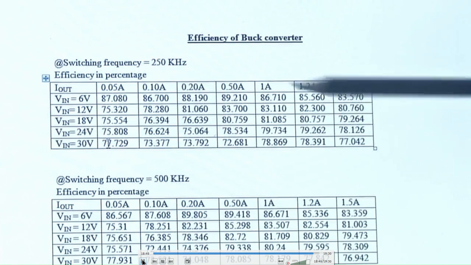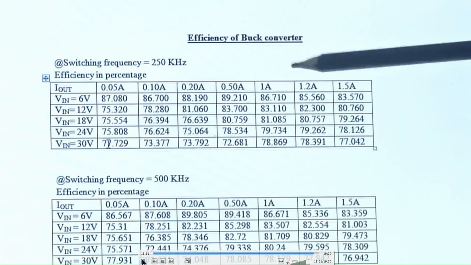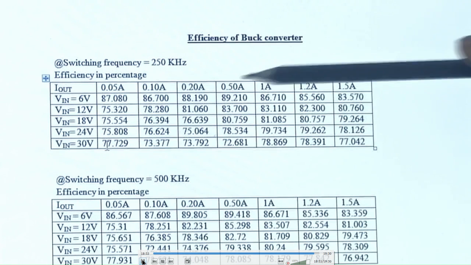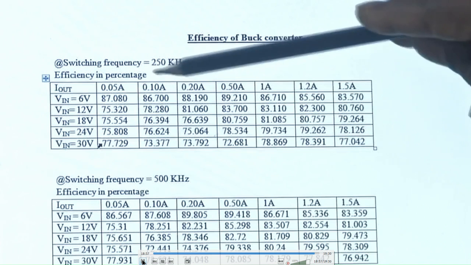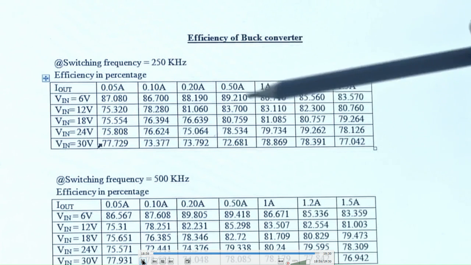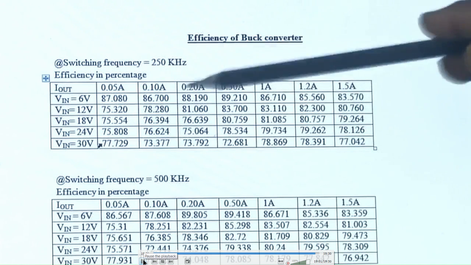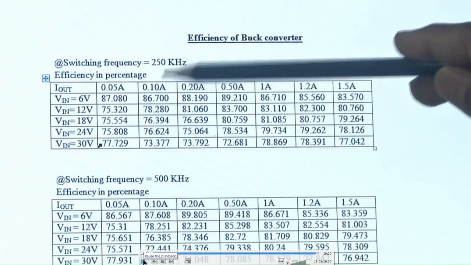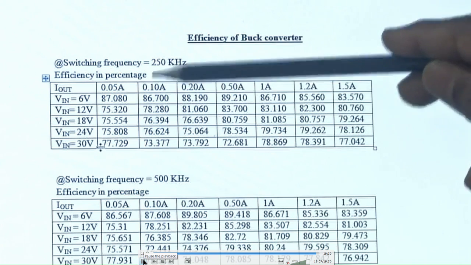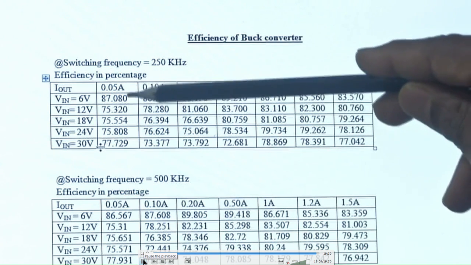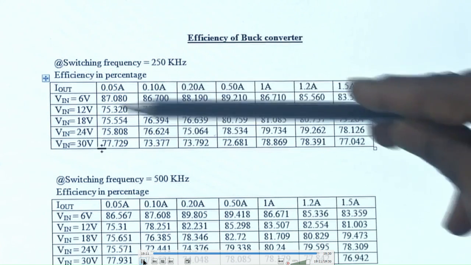Again, concentrate here, you will see 89.72 for 250 kilohertz, this is the efficiency for this current, and of course efficiency is fantastic, also quite good for the same current at 89% when the input voltage is 6 volts. So it is quite a high number.